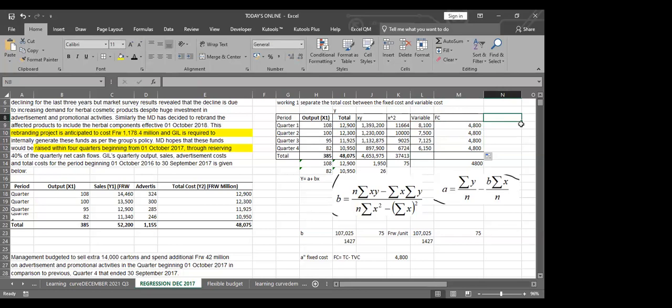Sorry, sir. Yes, please. How do you say this total cost is fixed cost while it is changing? You are saying that this total cost is fixed cost. No, total cost is not fixed. Total cost is variable cost plus fixed cost.